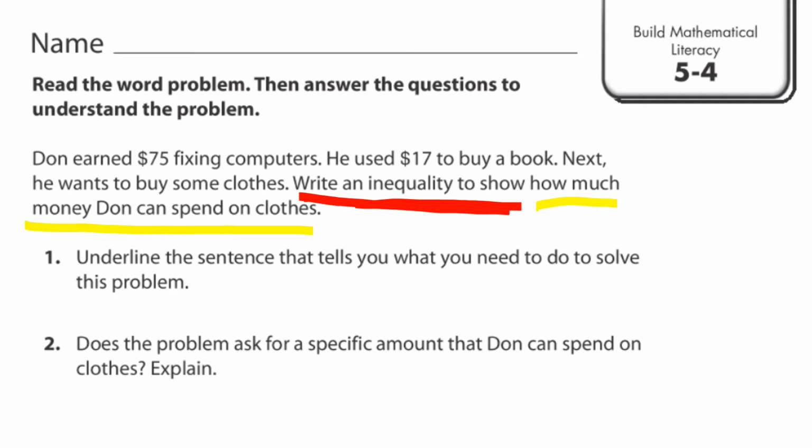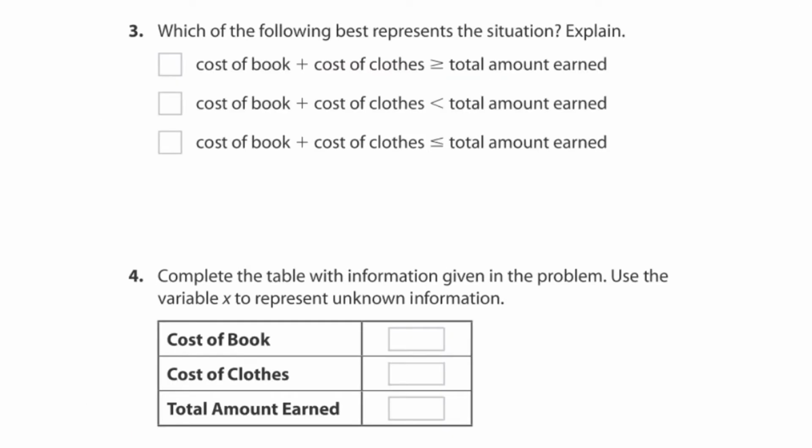It's like if you have an allowance, you might not spend it all. You could spend some of it, you could spend all of it, you could spend none of it. So with this, no, there's not a specific amount because it's going to be a range of an amount up to the amount of money he's earned.